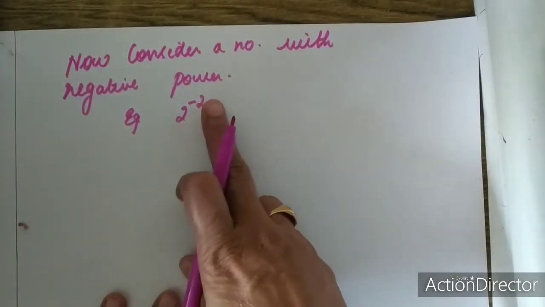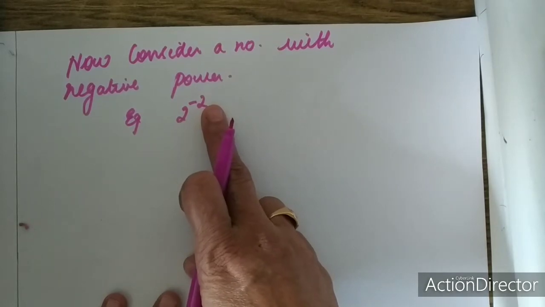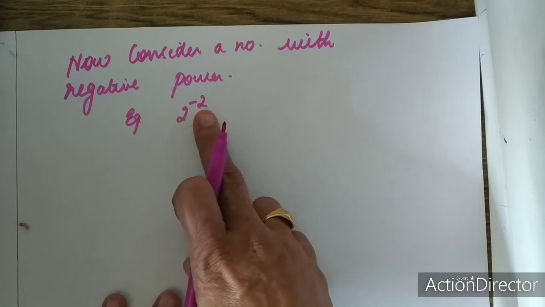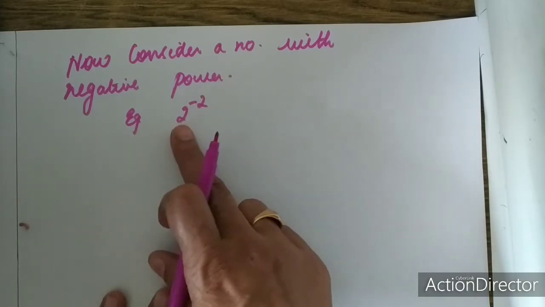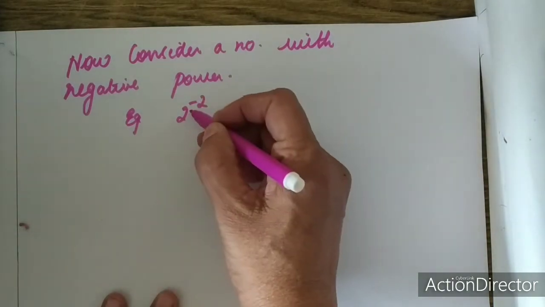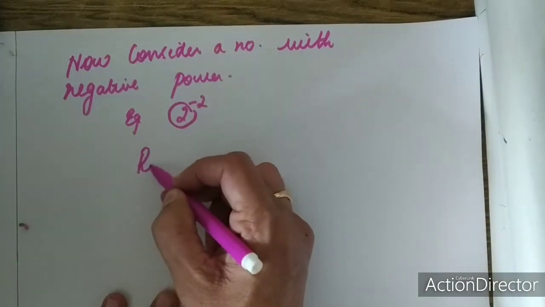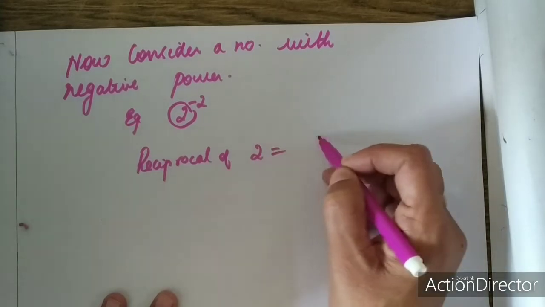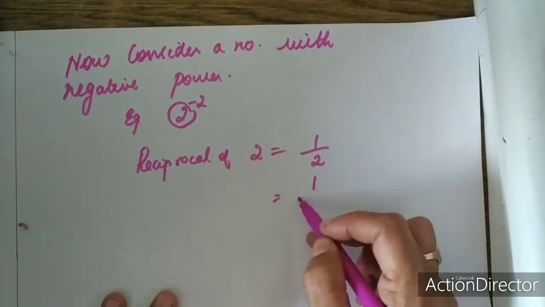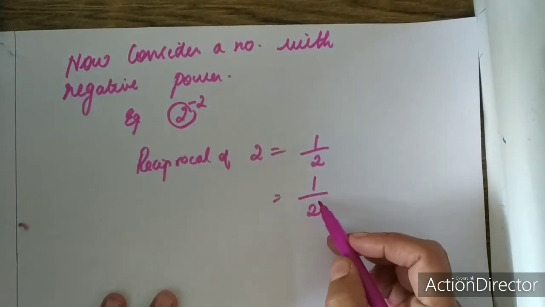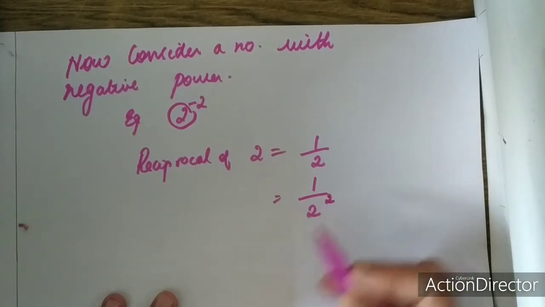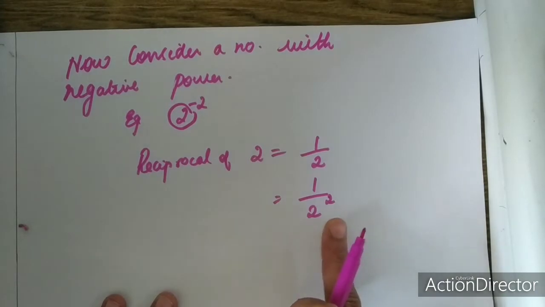Here 2 has an exponent of minus 2. How can I make this power positive? I have to reciprocal the given number. The reciprocal of 2 is 1 by 2. After writing 1 by 2, I write the power to make it positive. So this becomes 1 by 2 raised to the power of 2. The power is made positive.